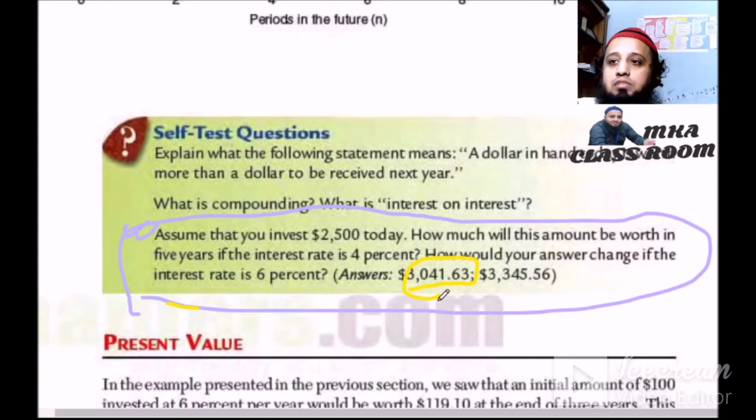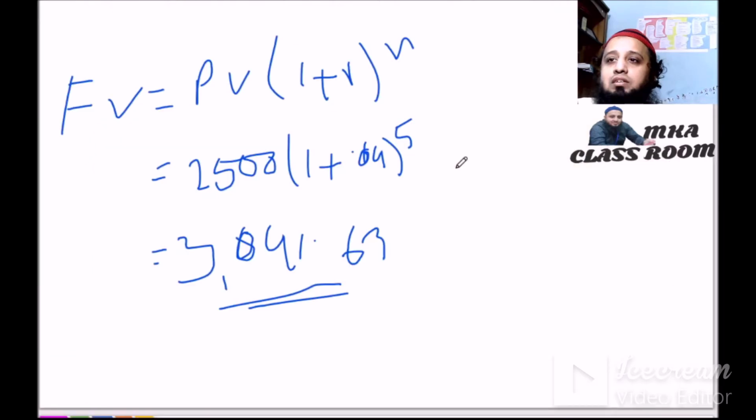Then again here I said, how would your answer change if the interest rate is 6%? If the interest rate is changed to 6%, what will happen to your result? So, here it would be 2500 into 1 plus 0.06 power 5. What will be your result?